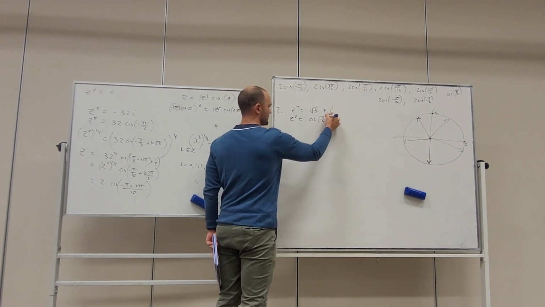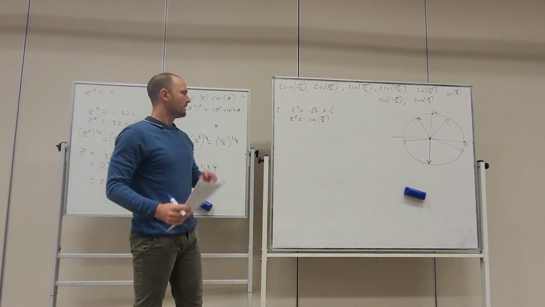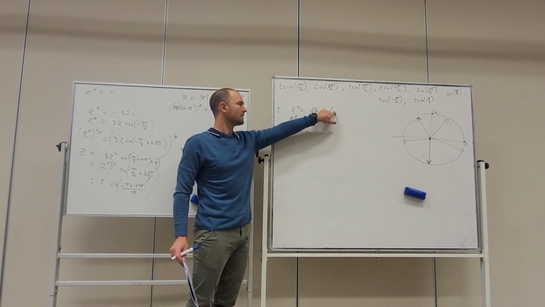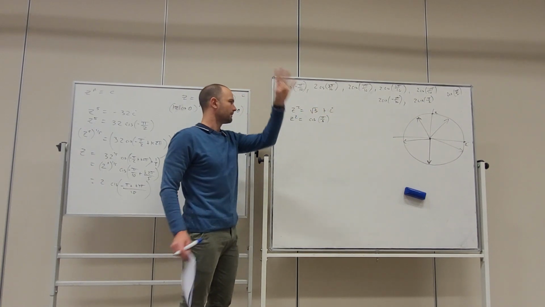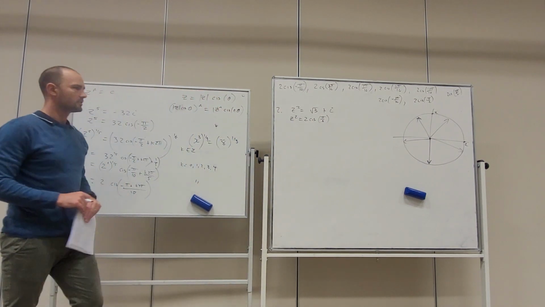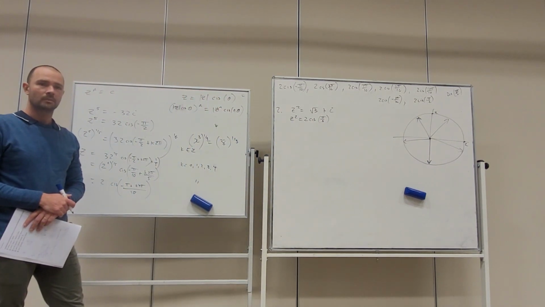So the angle is pi on 6. And the modulus of it is going to be root 3 squared plus 1 squared is 4, and the square root of 4 is 2. So z squared is 2 cis of pi on 6.